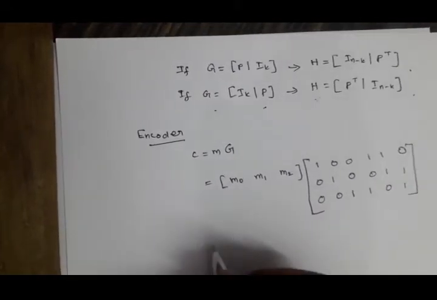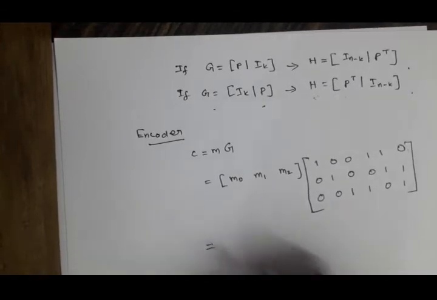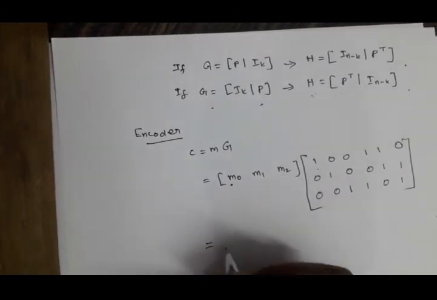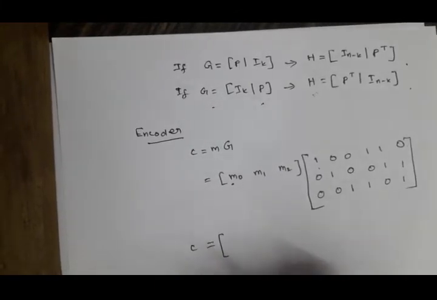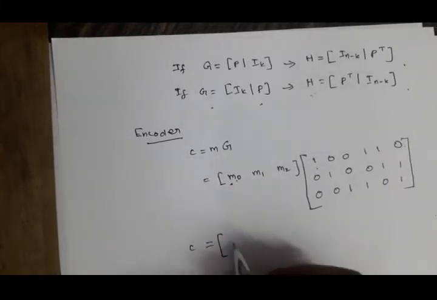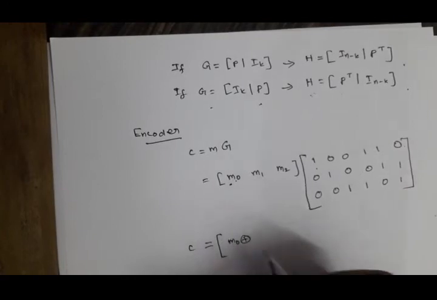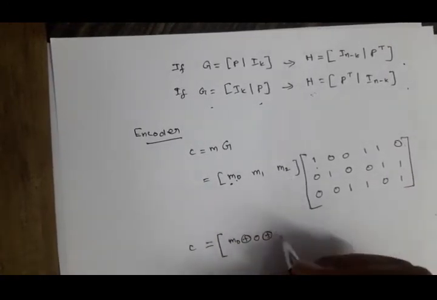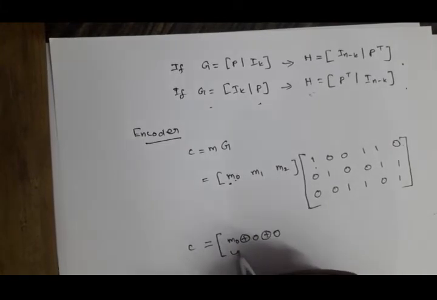So if you multiply these two matrices, the first code word can be written as m0 XOR m1 into 0 XOR m2 into 0.